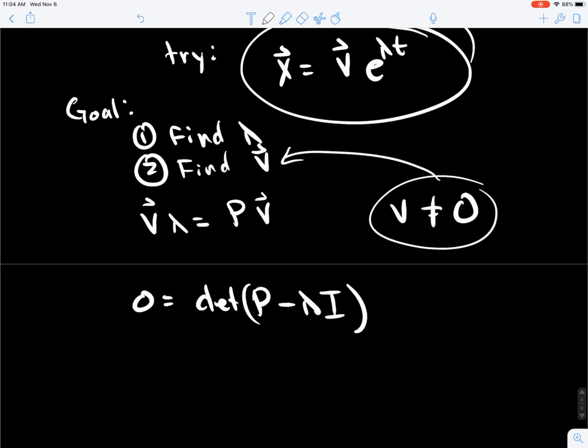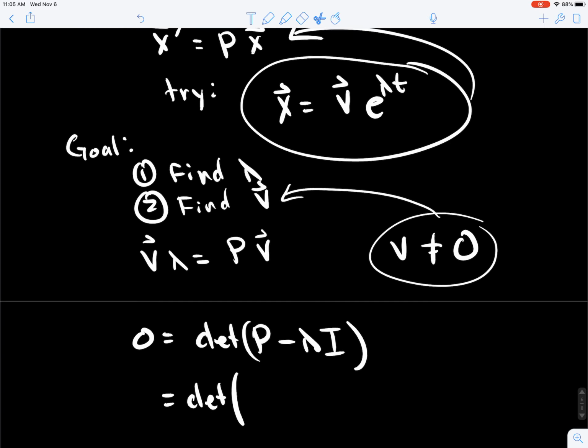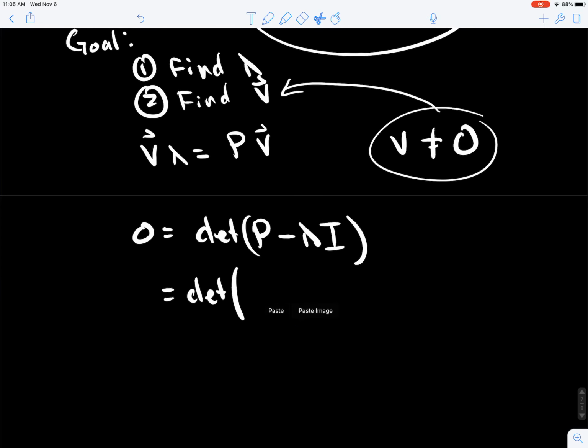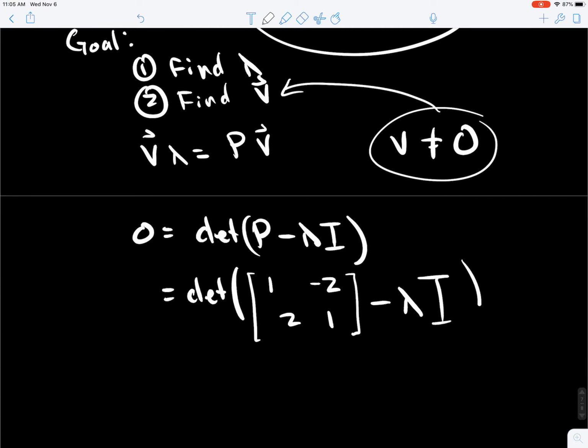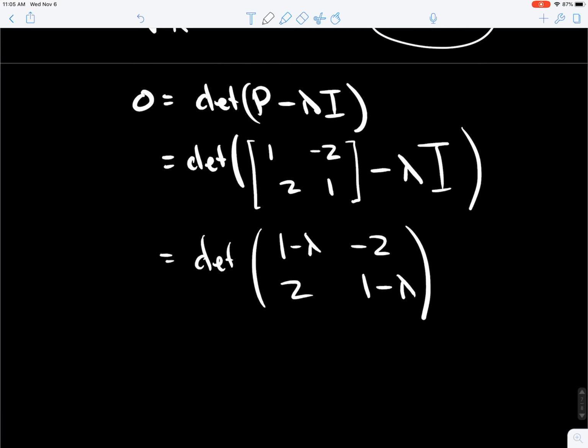Now this is the point where we actually need what P really is. So let's scroll up. There is my P. I'm going to copy that and paste it here. Then I'm going to subtract my lambda times the identity. Let's do that. We get 1 minus lambda, -2, 2, 1 minus lambda.